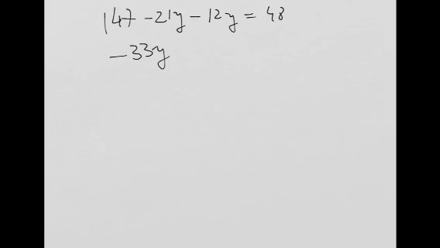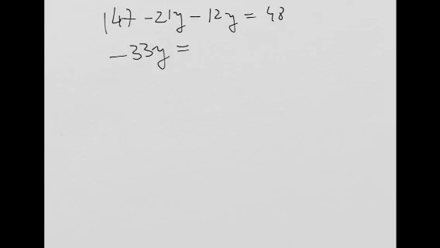So what do we have? We got 147 minus 21y minus 12y equals 48. I'm after this y, so I'm going to leave everything with y on one side. So it's going to be negative 21 minus 12y, that's negative 33y, equal.